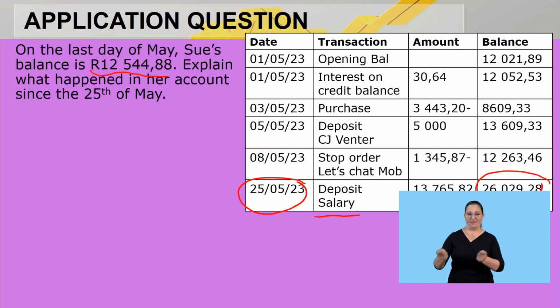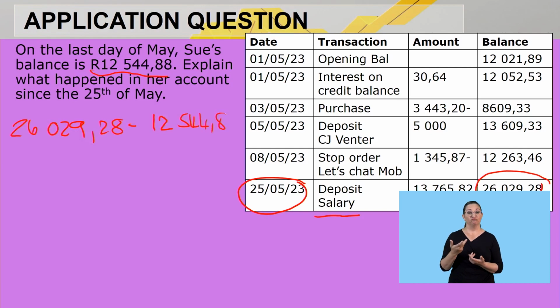What happened? She spent money. She had 26,029.28 on the 25th. Then her balance now is 12,544.88. So the difference there is the money she spent. Let's quickly calculate the difference.